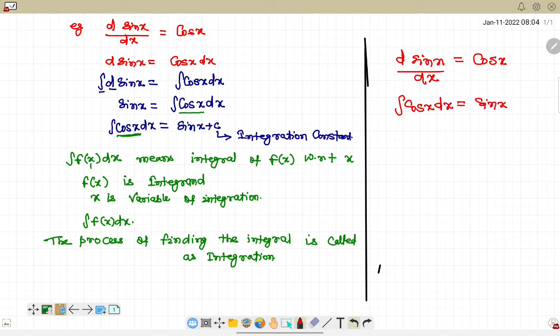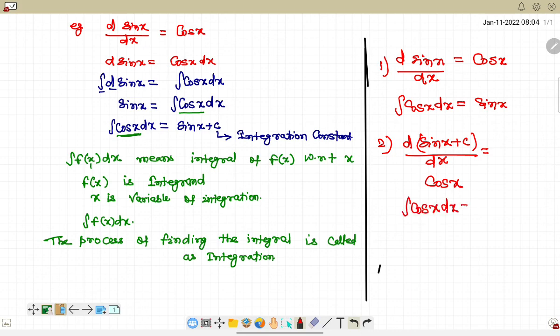For a second example, differentiation of sin x plus some constant c. This c may be any constant value, 2, 3, 5, 4, anything. Step by step we differentiate. This becomes again cos x, and when we differentiate c, we get 0. Now we can write cos x dx is equal to sin x plus c.